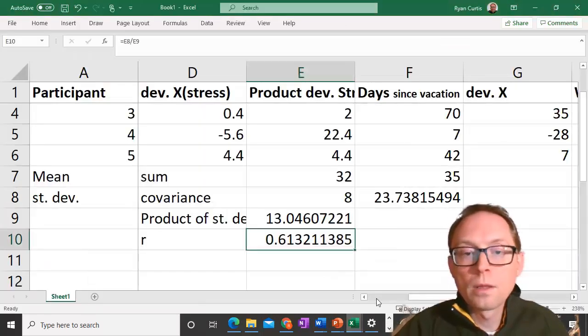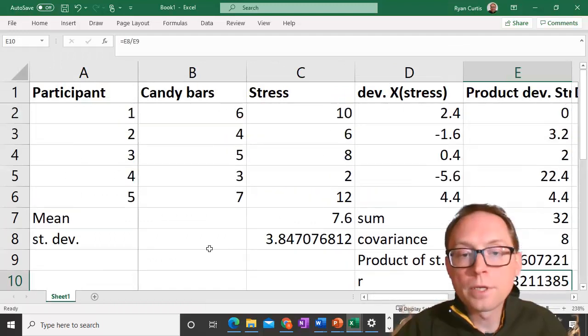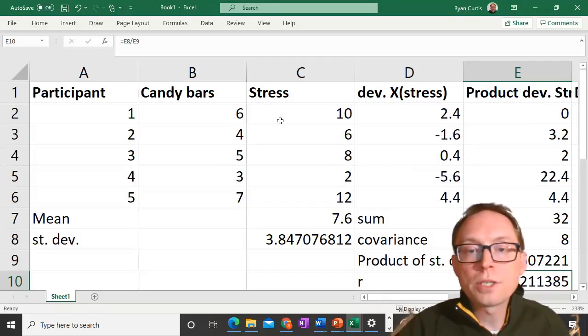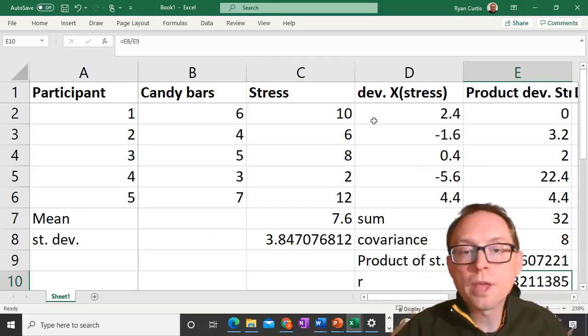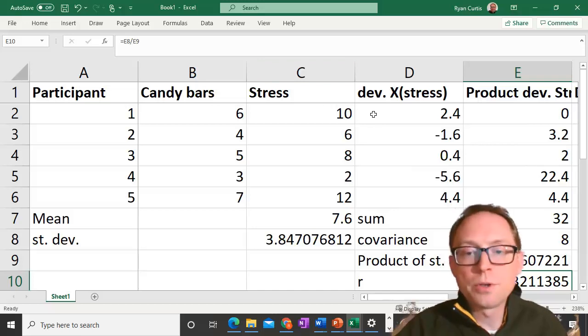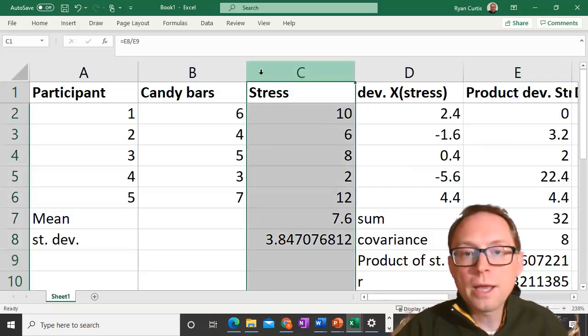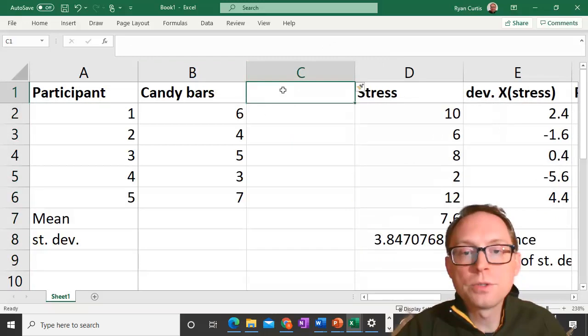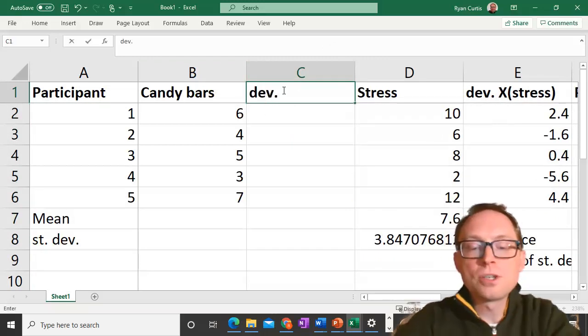All right, here's how we do this. We've already done the deviations of stress. Now we do the deviations of candy bars. So let's add some space for us to do this. We need the deviation of y.